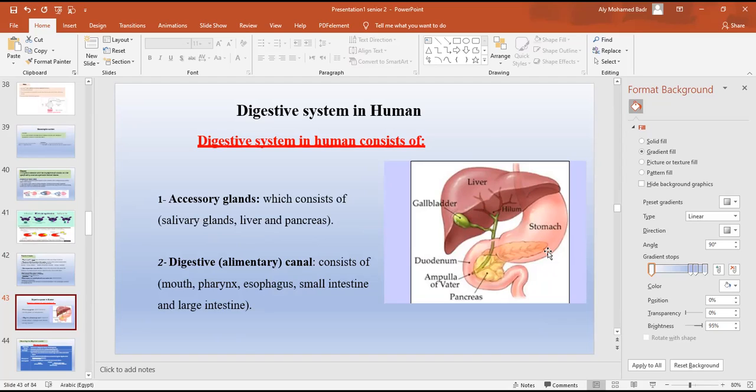These are the accessory glands, the glands that secrete enzymes that help in digestion. The second part is the alimentary canal, or digestive canal, which consists mainly of the mouth, pharynx, esophagus, small intestine, and large intestine. The digestive canal starts with the mouth and ends with the anus, which is the end of the large intestine.